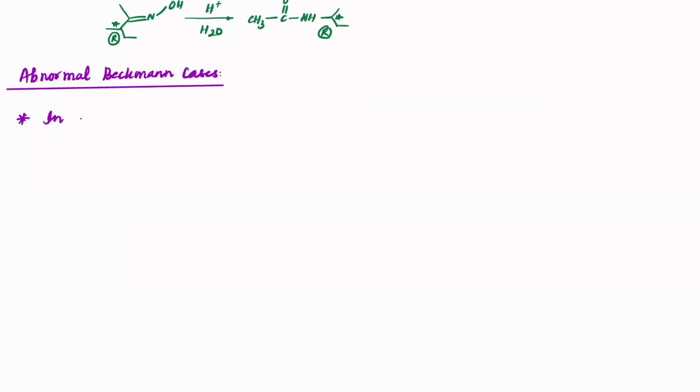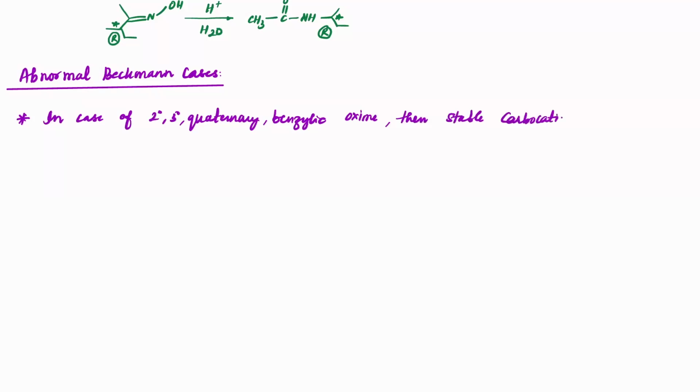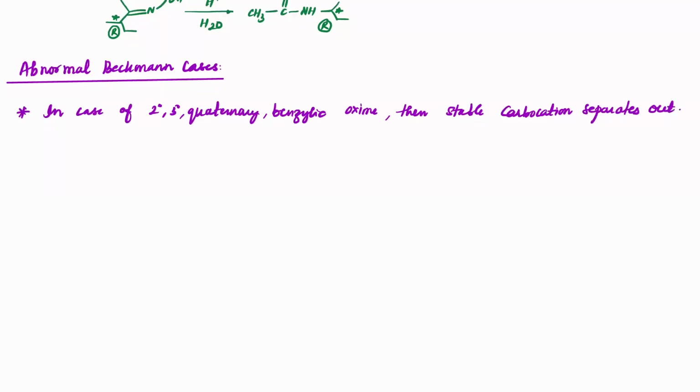In case of 2 degree, 3 degree, quaternary, benzylic oximes, then stable carbocation separates out. Stable carbocation separates out. Got it?